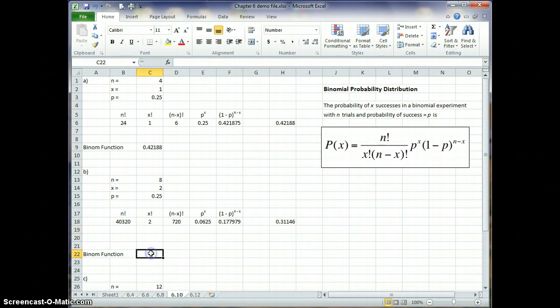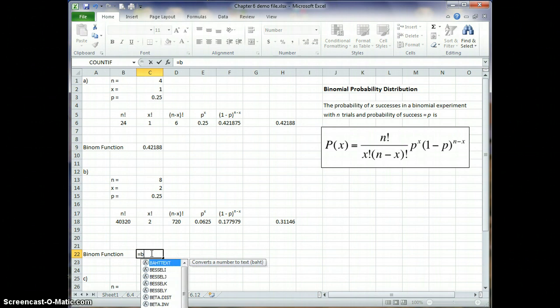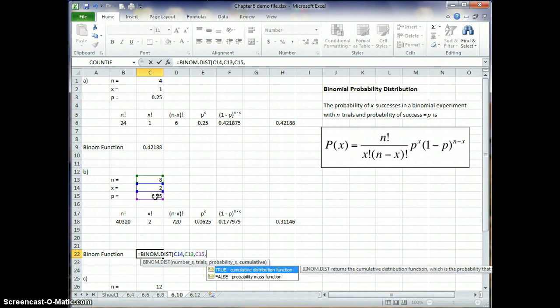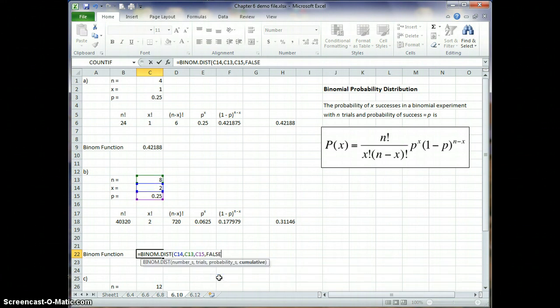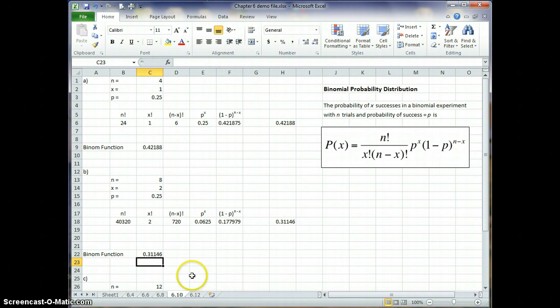And again, if I wanted to do this with the binomial function, just binom distribution, double click there, and the number of successes is C14, which is 2. The trials is 8. The probability is still 0.25, and it's still going to be false. And you can see that I get the match there.